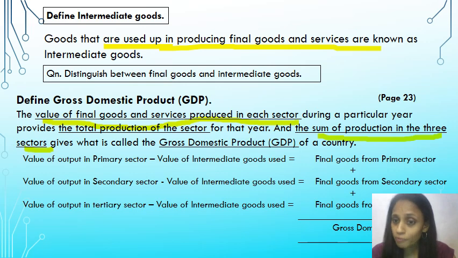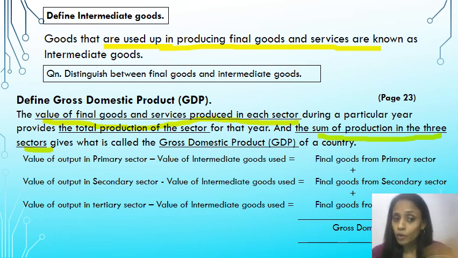The sum of the production of the final goods and services in the 3 sectors together is called gross domestic product of a country. It is elaborated in the format of a formula. Total value of output produced in the primary sector minus value of raw material used, that is intermediate goods, is equal to final goods from the primary sector.